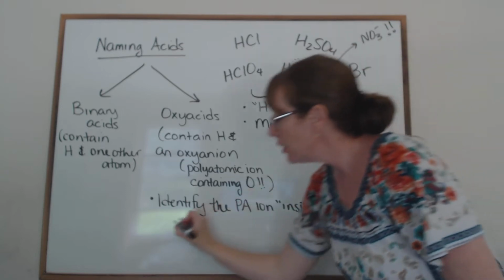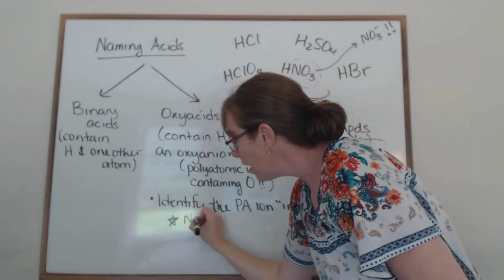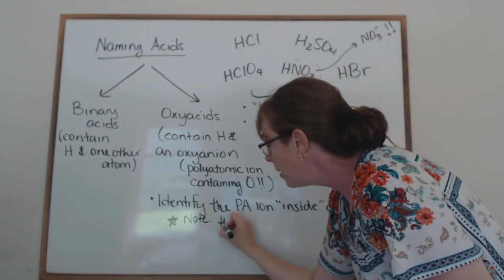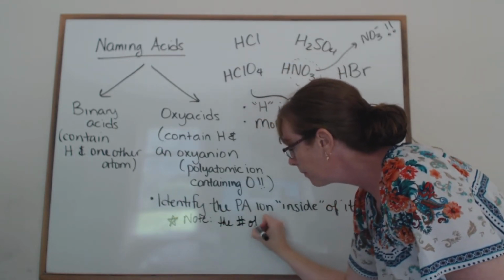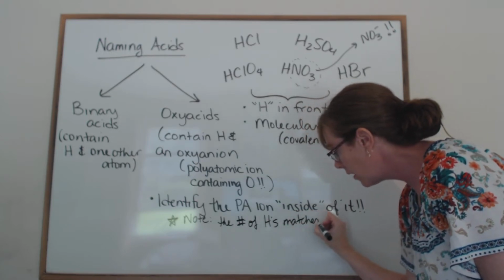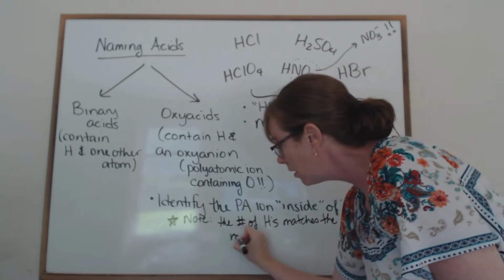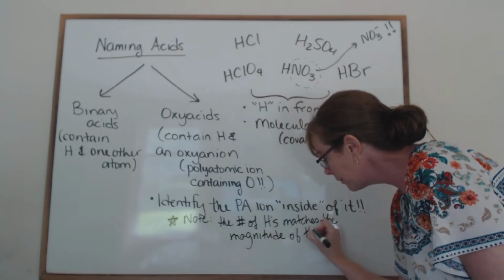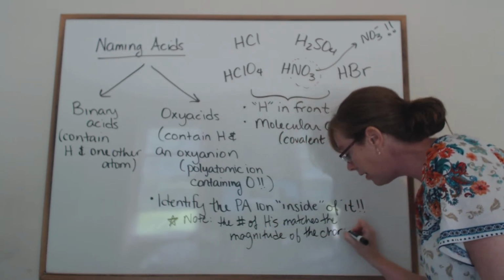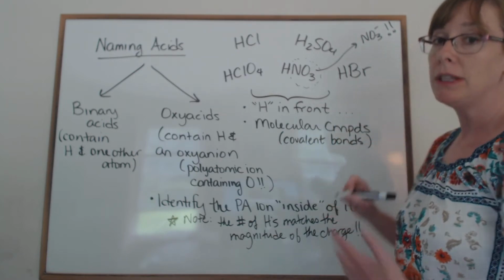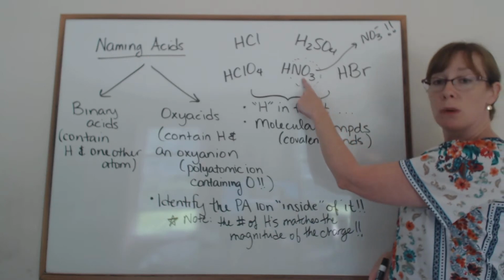So this acid contained nitrate. I want you to note, maybe some of you already did, that the number of hydrogens matches the magnitude of the charge on the polyatomic ion. Did you notice that? For instance, nitrate was a 1- charge.